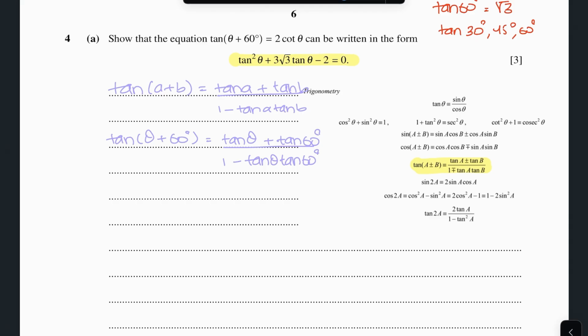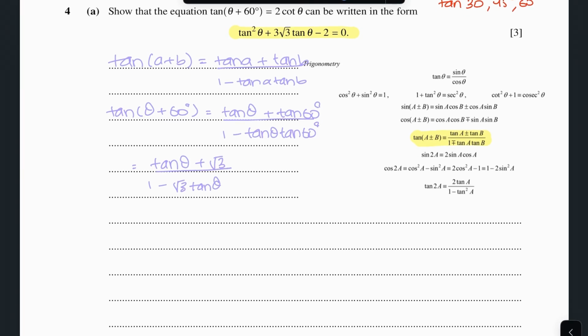So we can now rewrite this as (tan theta + root 3) over (1 minus root 3 tan theta). Now, that is the left hand side of the equation. For the right hand side of the equation, we should first know what cot theta is. Cot theta is actually 1 over tan theta.